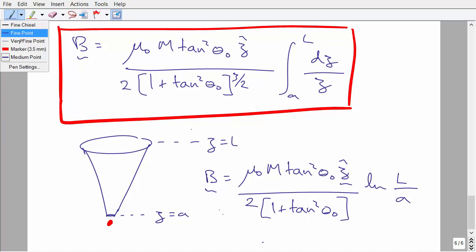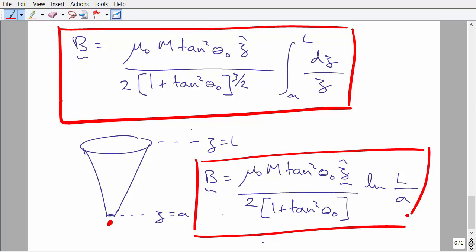Okay, and there is our result for the magnetic field at the tip of the cone, with the caveat that we've had to chop the cone off just a little bit, otherwise our whole integral diverges.